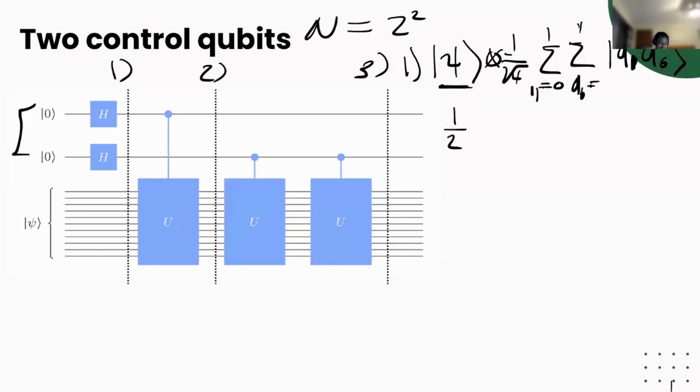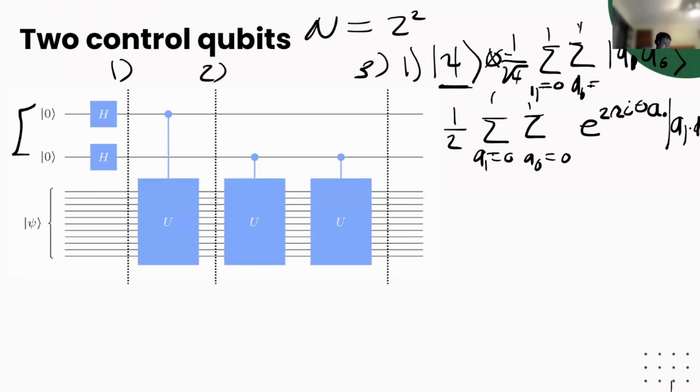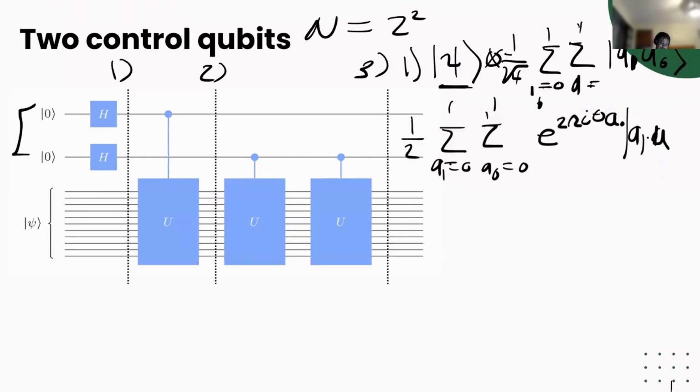When I do that, I get 1/2 times the sum for a1 equals 0 to 1, sum a0 equals 0 to 1. And then I get that phase factor that I talked about earlier, e to the 2 pi i theta, multiplied by a0. And then we get our state back, a1, a0. So this is the point after applying this first unitary.